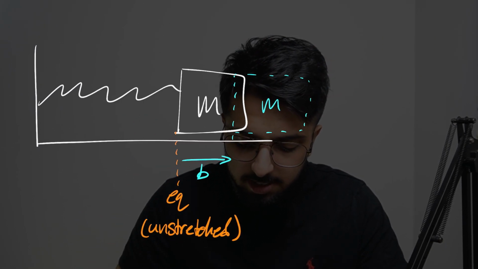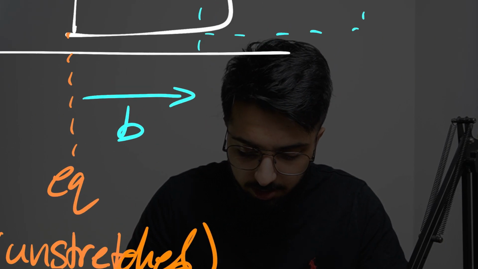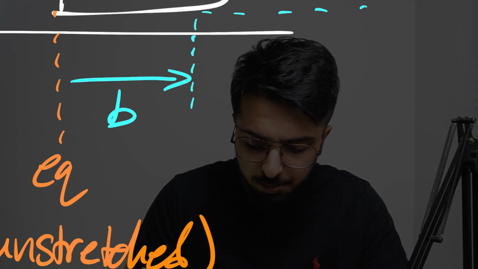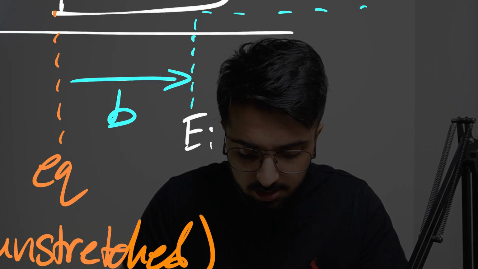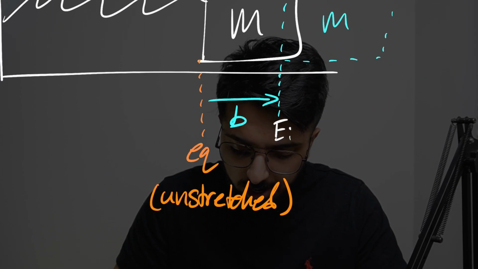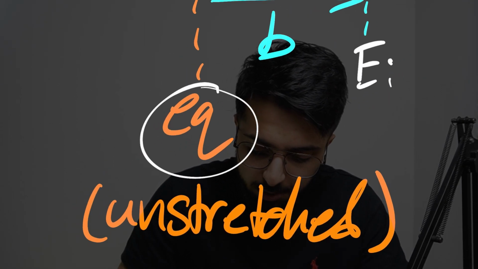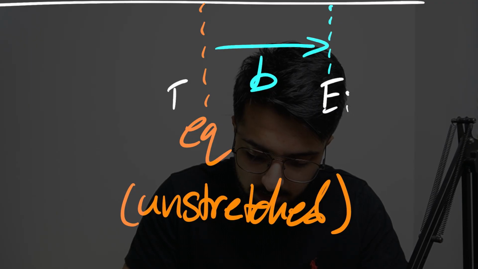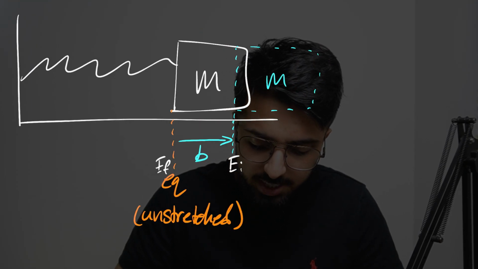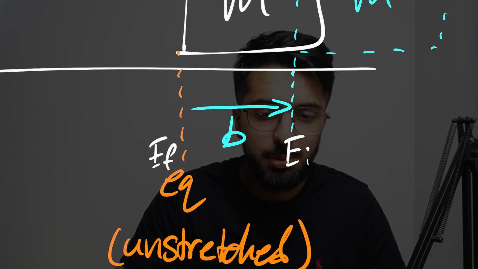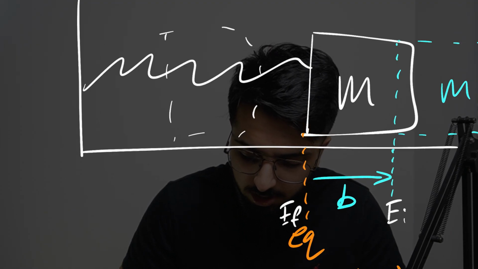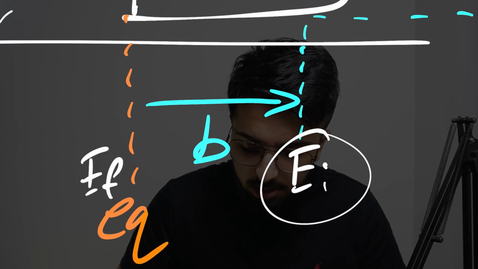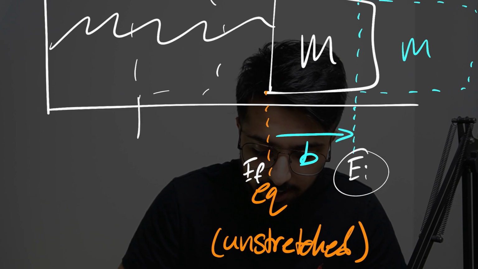If we were to analyze the energy changes in the system, let's say when we pull it to distance B, we can say that this is the initial energy of the system, and then when it arrives back at the equilibrium position, we can say that this is E final, okay? The reason why we use E final as the equilibrium position rather than when the mass is over here, is because the energy at this point is the exact same energy at this point, right?